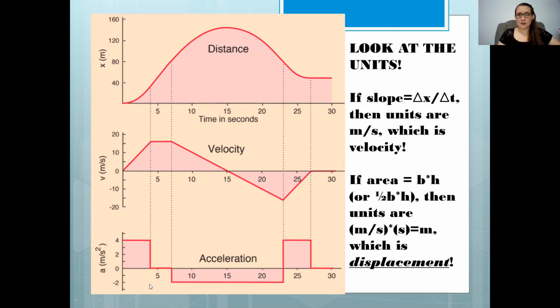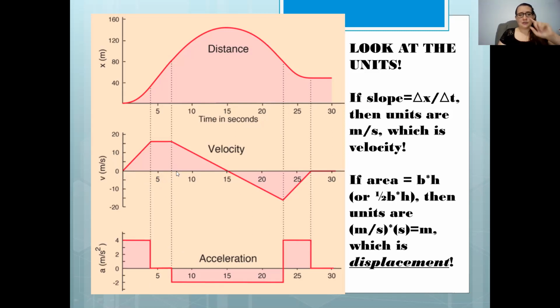That gives us acceleration. Now, if we're thinking about the area under a curve, not the slope anymore, the way we find an area of a triangle is 1/2 base times height. The way we find an area of a square or rectangle is base times height.